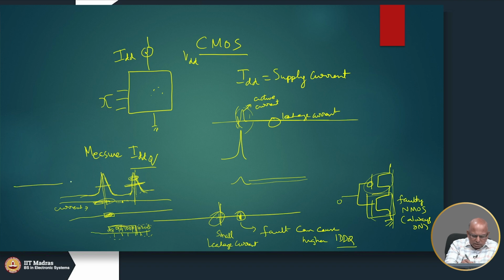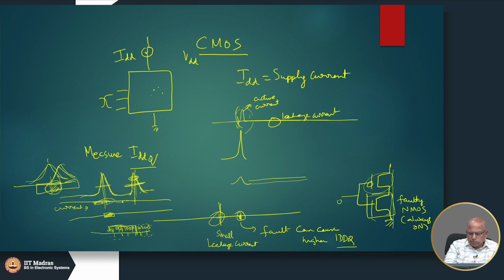The leakage is increasing, and this may be our faulty current. So leakage can be anywhere from here to here, and faulty current can be anywhere from here to here. So you see, it's difficult to say whether there is a fault in the circuit or not by just measuring the current.